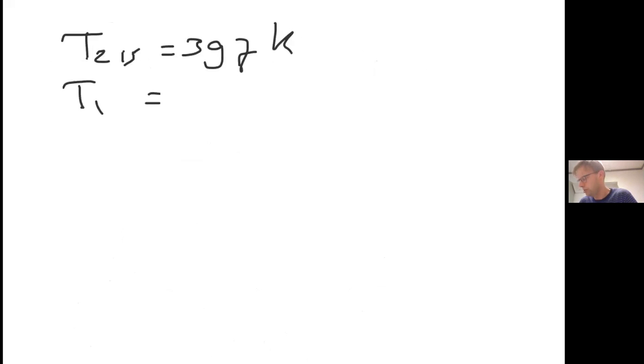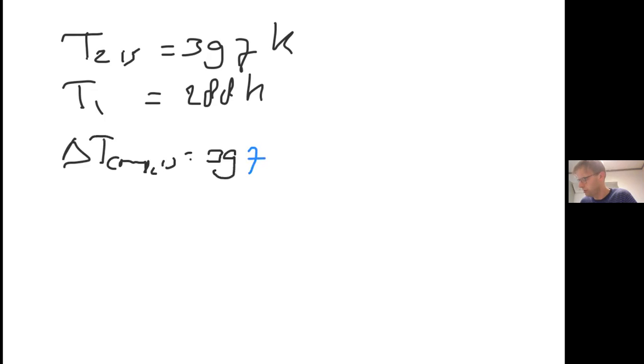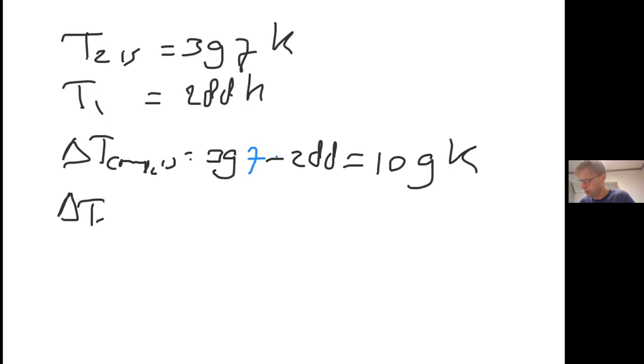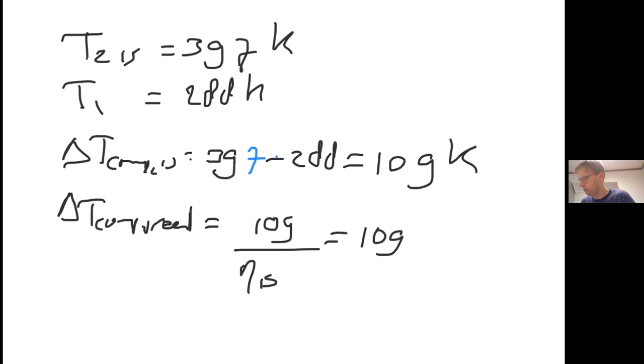T1 is 288 Kelvin. So delta T compressor isentropic is 397 minus 288, which is 109 Kelvin. So delta T compressor real is 109 divided by the isentropic efficiency of 75%.